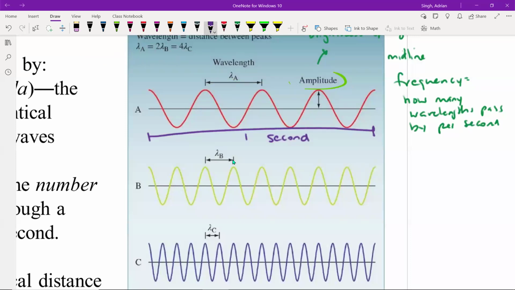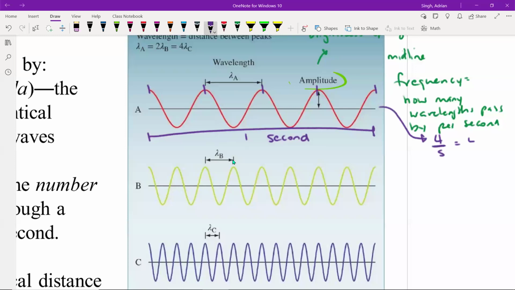For wave A, how many wavelengths actually pass by in that 1 second? Well, if we start here, we find an equivalent point. That's an equivalent point. That's 1, and then 2, and then 3, and then 4. Okay, so for wave A, the frequency there is 4 wavelengths per second.